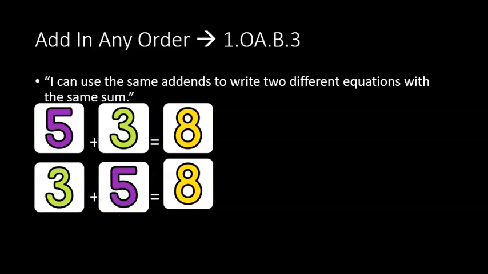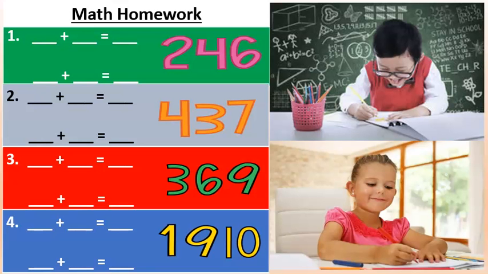Okay? Now, boys and girls, I want you to get a paper and pencil. Once you get your paper and pencil, here is your math homework on the screen. I want you to copy down numbers 1, 2, 3, and 4. Okay? As you can see, boys and girls, we have two addition equations here that you need to fill out.